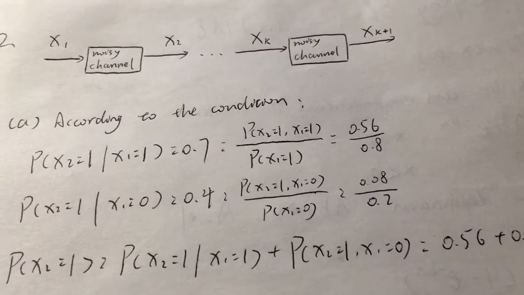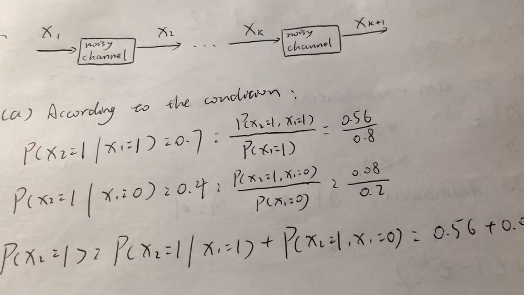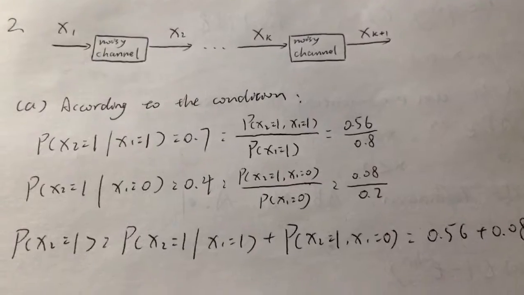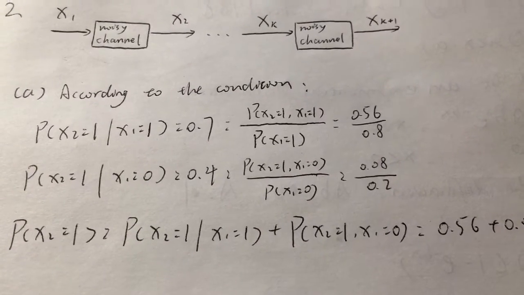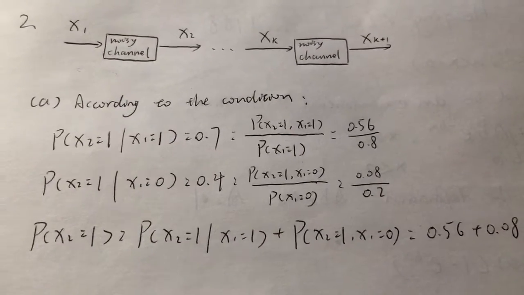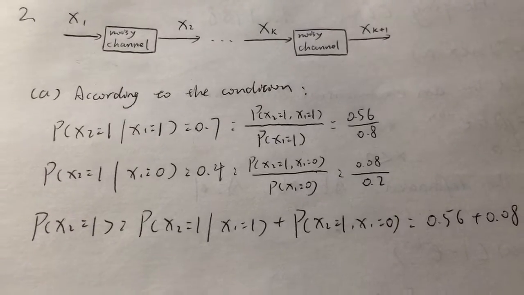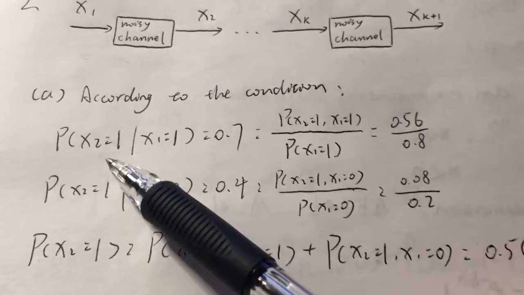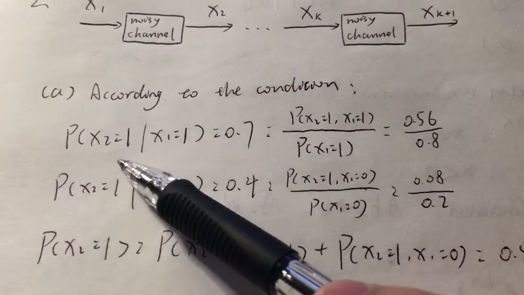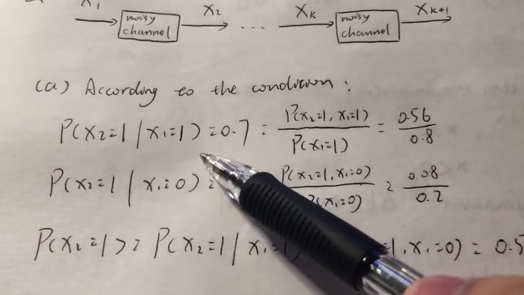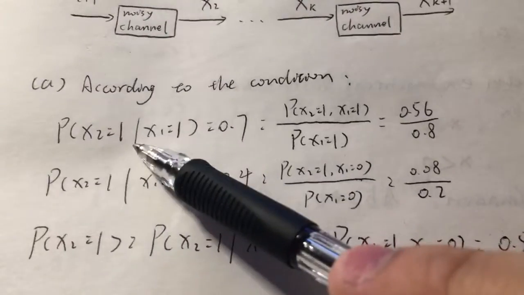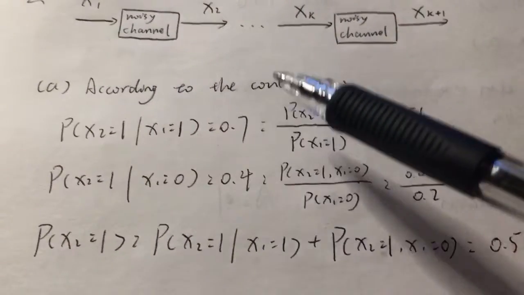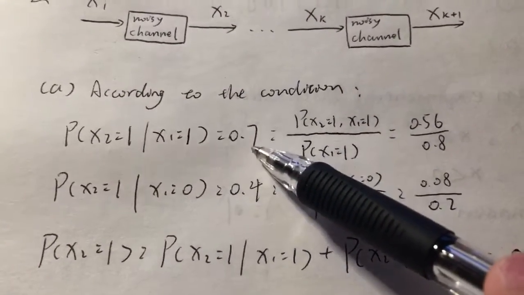The first one is that we need to find the probability that x2 equals 1. According to the condition, the probability that x2 equals 1 given that x1 equals 1 is 0.7.